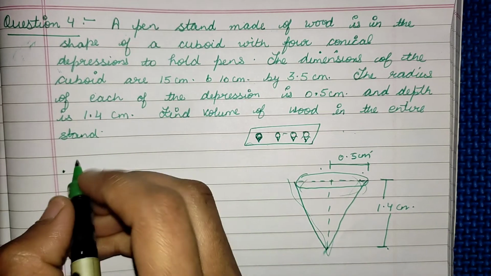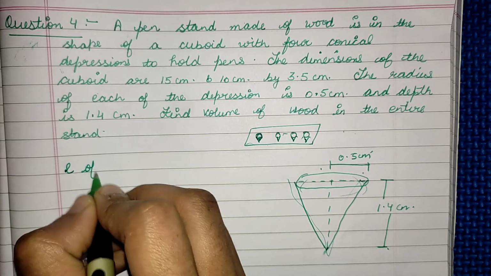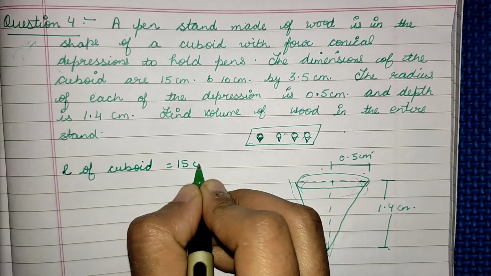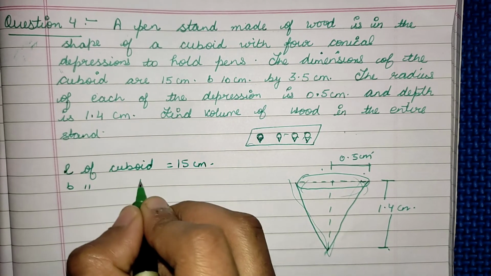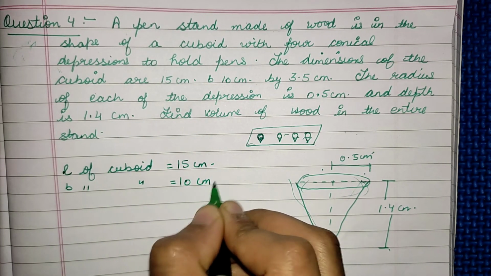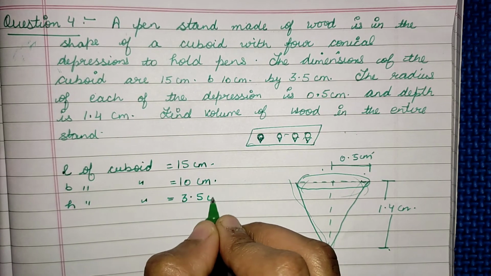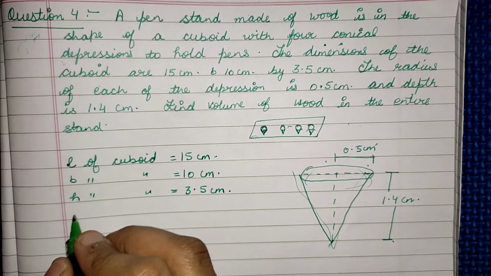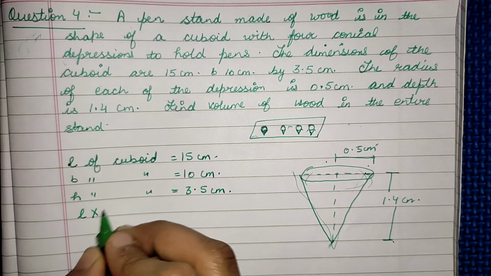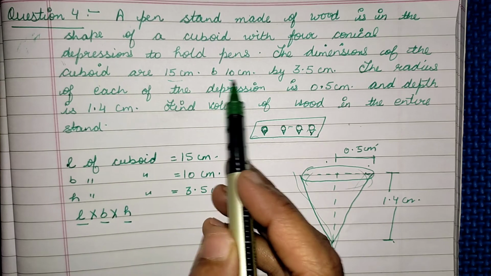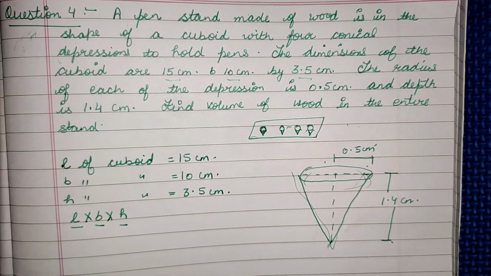So the length of the cuboid is 15 centimeter, the breadth is 10 centimeter and the height is 3.5 centimeter. Because for a cuboid there are 3 sides: length, breadth and height. All are given to us: 15, 10 and 3.5.